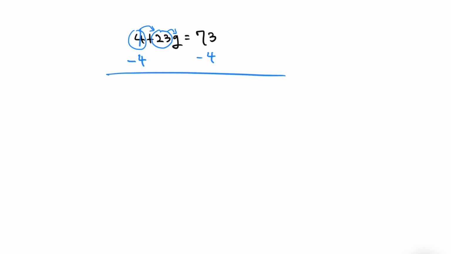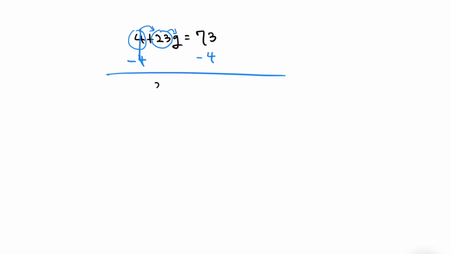4 plus 23g is equal to 73. Okay, and what's our first step? We have multiplication of 23 to our variable, and then we have 4 being added to that, right? So what did we learn last time? Always do the opposite of addition or subtraction first. Okay, this will cancel out.